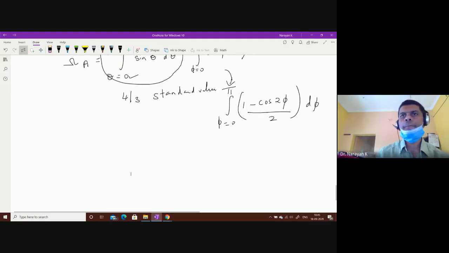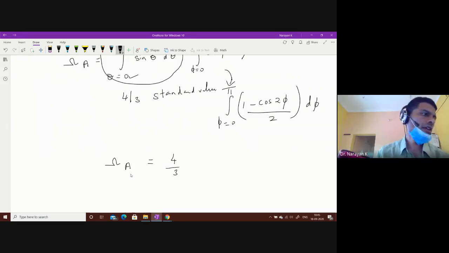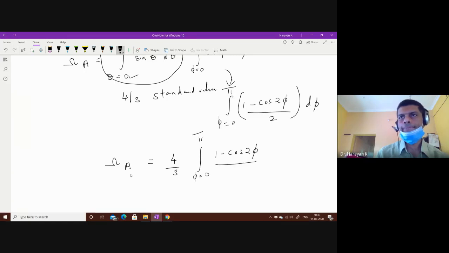Got it, all of you? Yes, sir. So your omega A is equal to 4 by 3 times the integral, phi varying from 0 to pi, of (1 minus cos 2 phi) by 2 d phi.